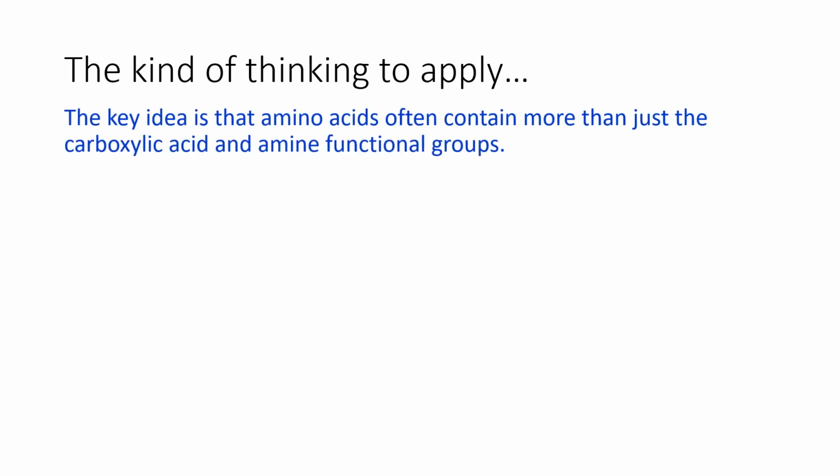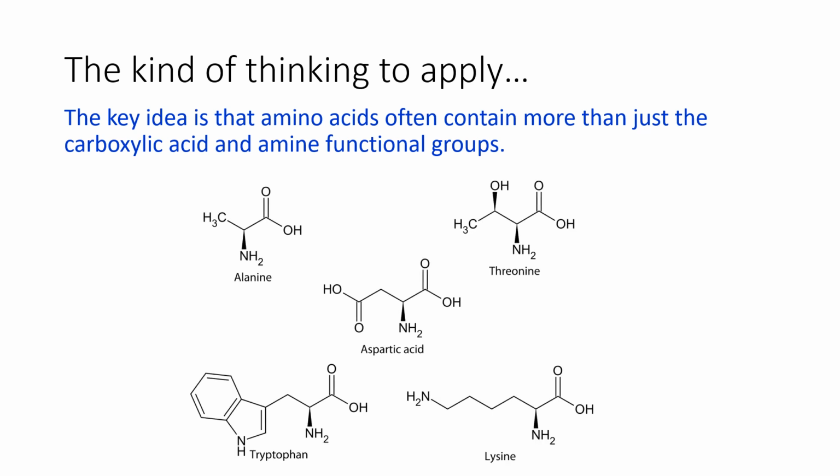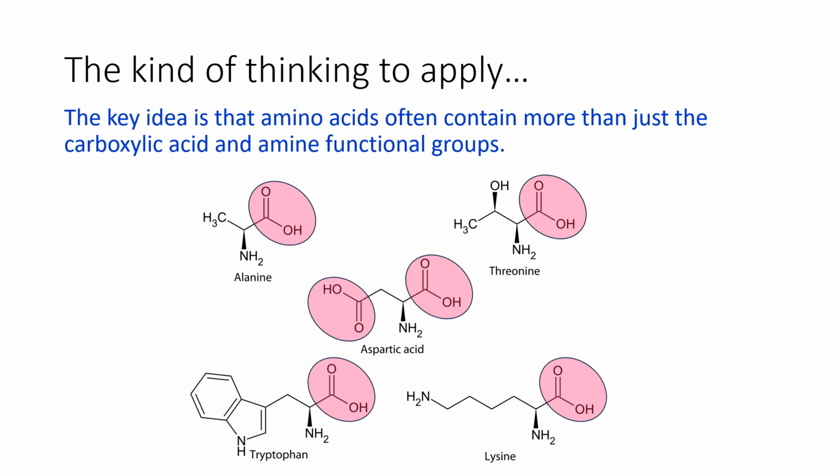When you're doing an amino acid chemistry exam question, the kind of thinking to apply is to remember that amino acids often contain more than just the carboxylic acid and amine functional groups. Looking at some examples, you can see there's a carboxylic acid, and also an amine.